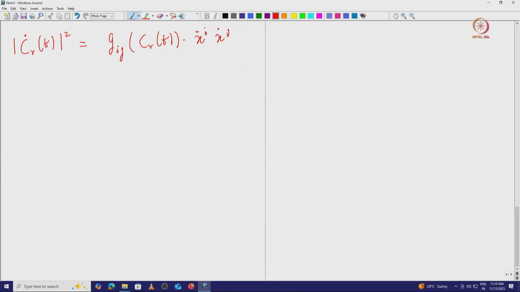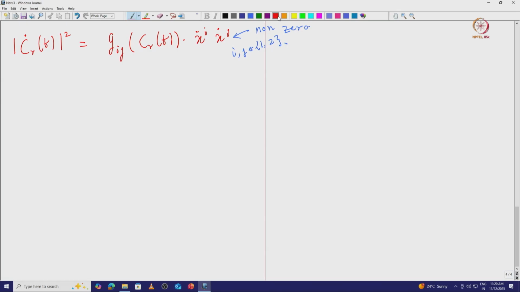But clearly the only surviving terms are going to be when ij are either 1 or 2, okay, because the coordinates x3, x4 etc. are all identically 0 on the circle, right.